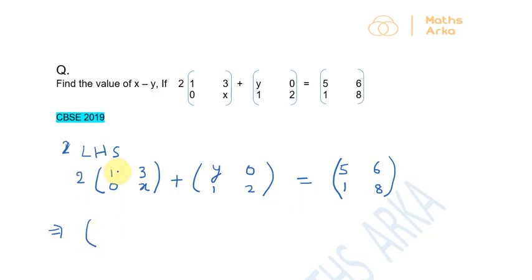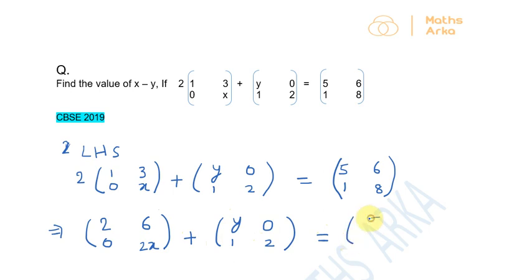Then this implies, how do we add these matrices? First of all, we multiply this scalar with this matrix, so each of the elements should be multiplied. So we get 2 over here, then 2 multiplied by 3 is 6, 2 multiplied by 0 is 0, 2 multiplied by x is 2x, then this would be added with y 1 0 2, and it is equal to 5 6 1 8.